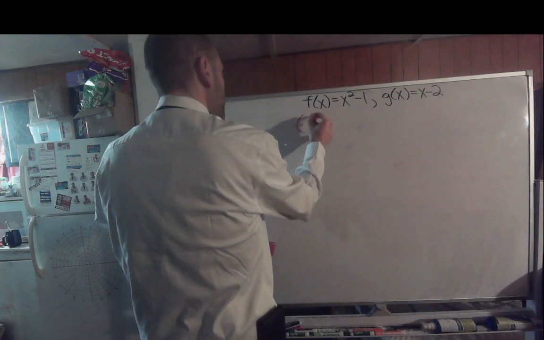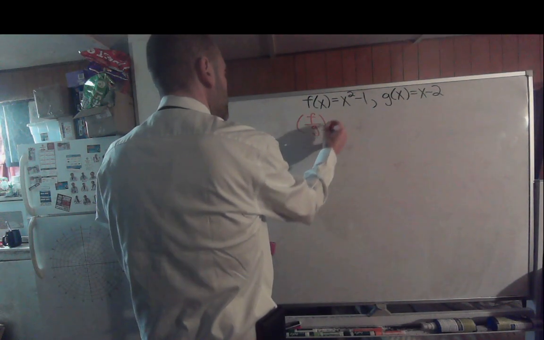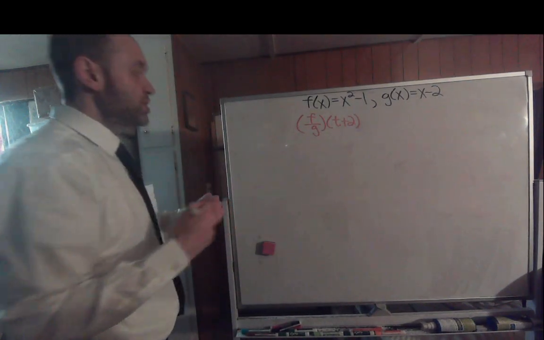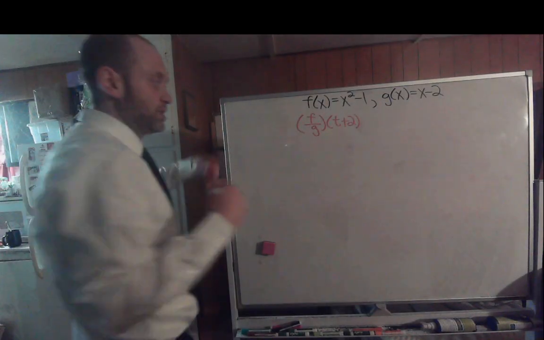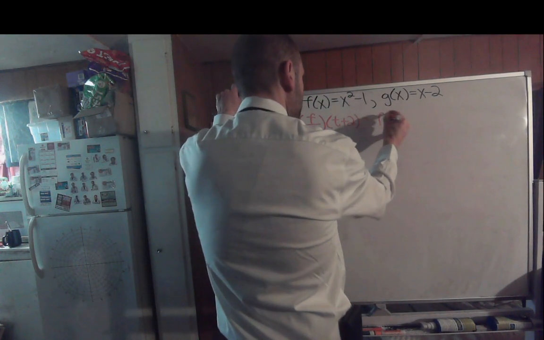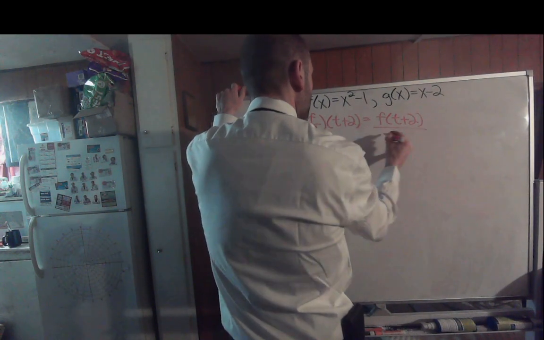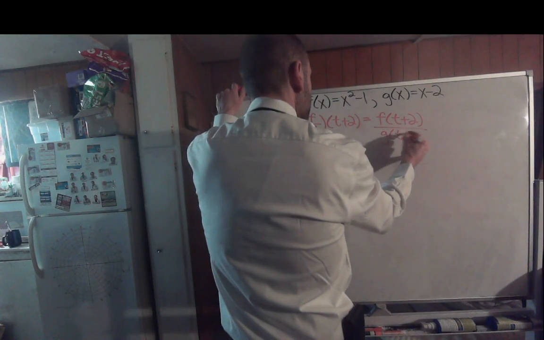Let's do f over g of t plus 2. So we're going to do f divided by g of t plus 2. Well, that's going to be the same as f of t plus 2 all over g of t plus 2.